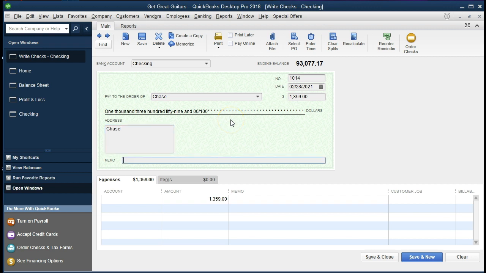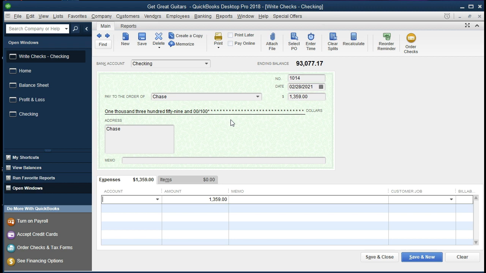However, we're going to break that amount out between interest and principal, a slightly different format. So once we have that breakout, we can't just copy the last check is the point. We have to go back to the amortization schedule because that breakout changes.